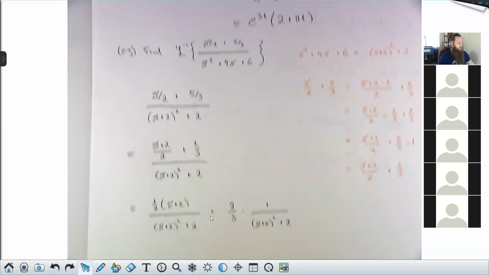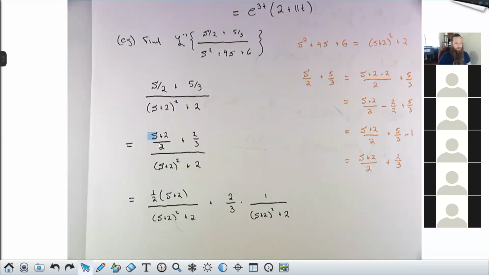So I'm just taking this over this, that's this, plus this over this, and that's this. Now the 1/2 can come out from the first guy.